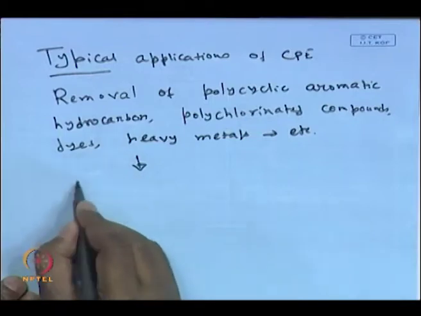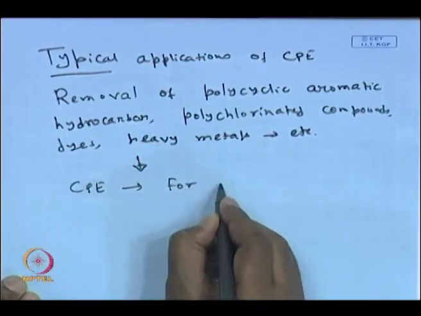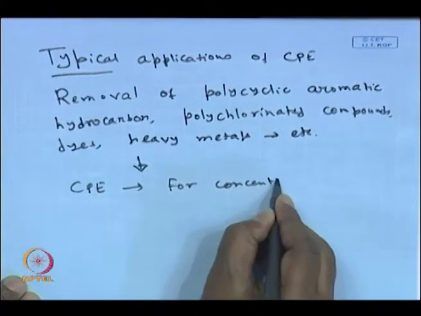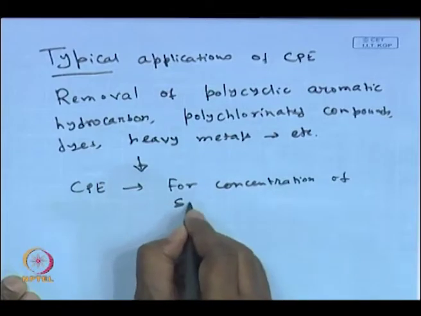Therefore, the concentration of the pollutants will be very high in that phase. That means it will be a concentrated phase. So, one can use cloud point extraction for concentration of solutes.